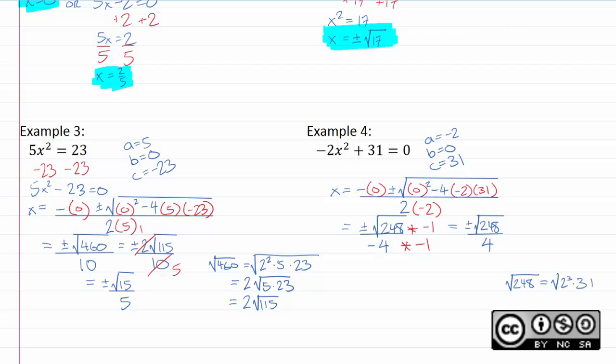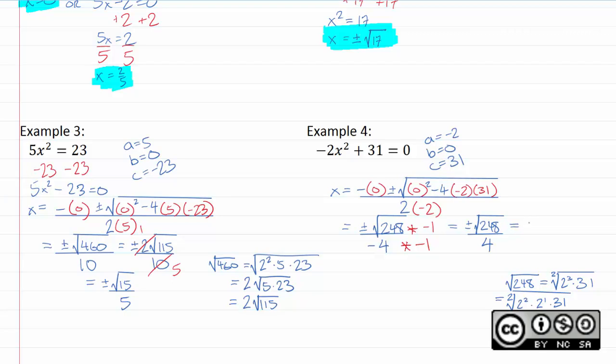Well, if you'll remember, if you don't see an index on your radical, you assume it is 2. That means we can set aside 2 of these 2's. We'll have 2 squared times 2 to the first, I'm just splitting that up so I can take out 2 of them, times 31. The square root of 2 squared is 2. And inside we have the square root of 2 times 31, which is 62.